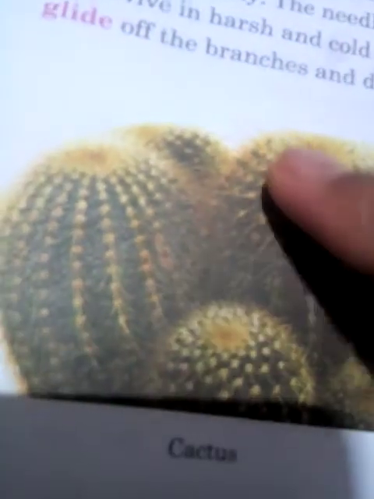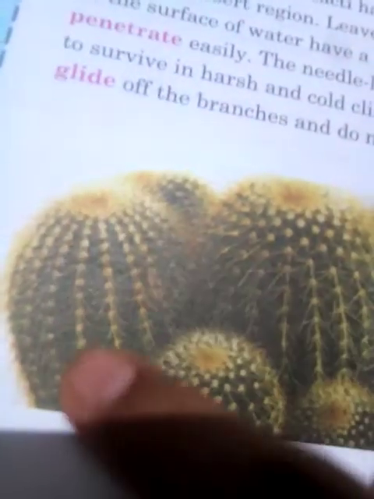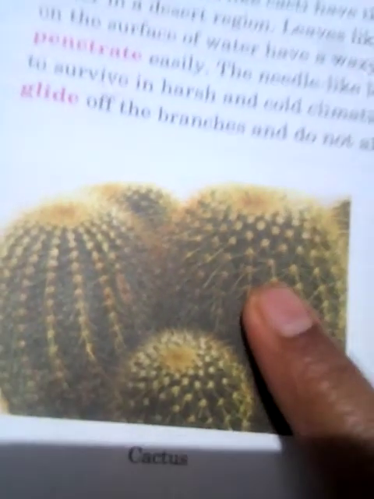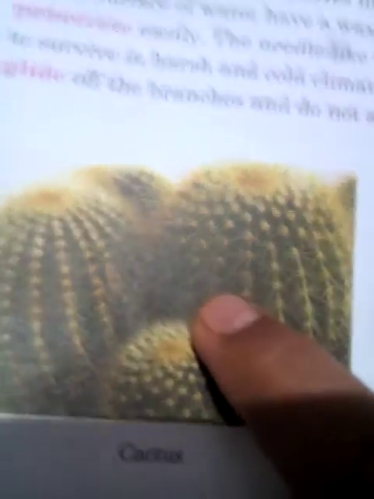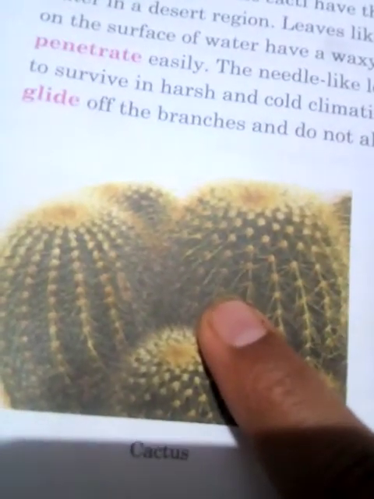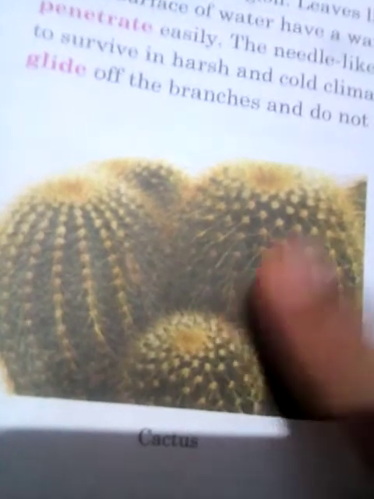Okay, here see, it is given a cactus. The singular form is cactus, and when it is plural it is called cacti. Here it is given the lotus leaf. Let's talk about this cactus. You can see these spines. They are spine-like structures found on the surface of the leaves. Actually the stem and leaves are all like that, and they are found in the xerophytic area that I mentioned, the desert region.